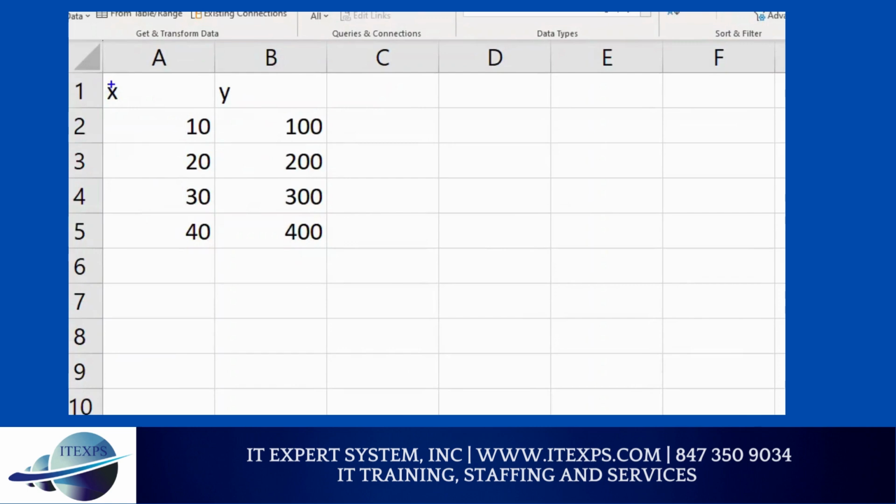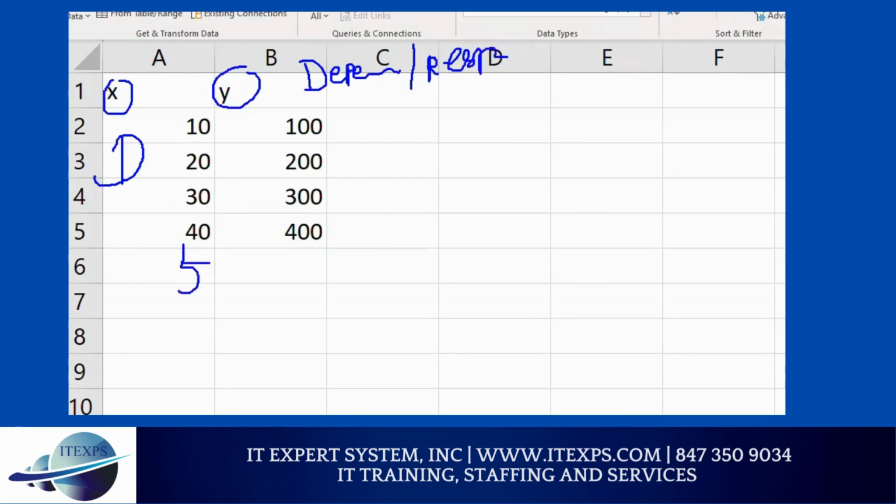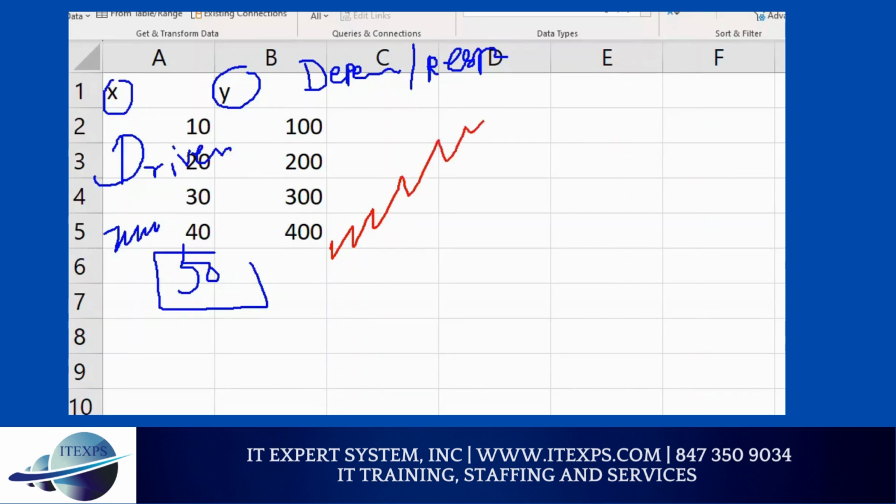So how do we present this? There are two factors, right? Out of the two factors, one is a driver, and one is a dependent or response factor. For example, when I increase this factor, I'm the driver factor, I can change it. And when I change it, I can see the reaction.